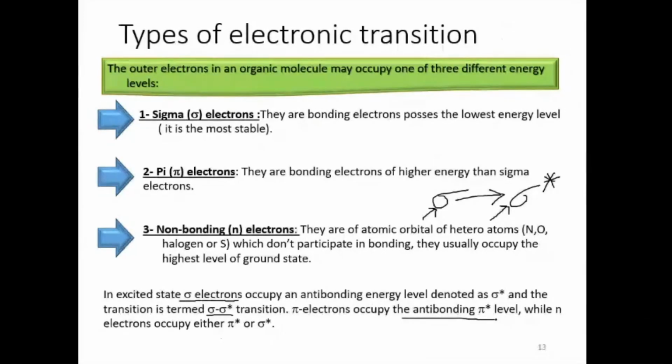While n electrons may jump into pi star and sigma star also. What it means is, an electron in sigma can jump to sigma star, an electron from pi can jump to pi star, and n electrons can jump to sigma star, n to pi star also.